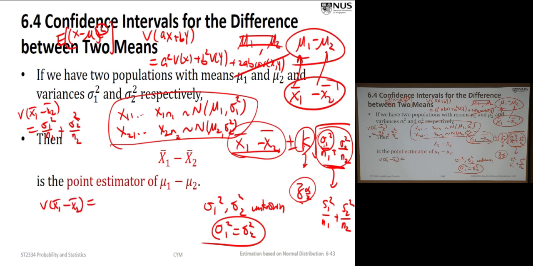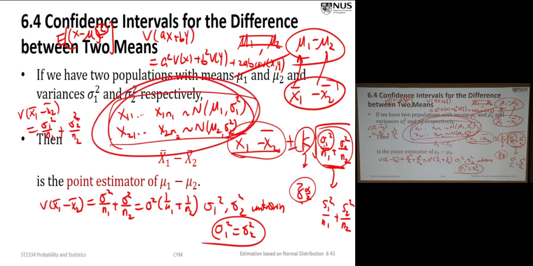It will be sigma square over n1 plus sigma square over n2, or just sigma square times 1 over n1 plus 1 over n2. Therefore, x1 bar minus x2 bar will follow normal with mean mu1 minus mu2 and variance sigma square times 1 over n1 plus 1 over n2.